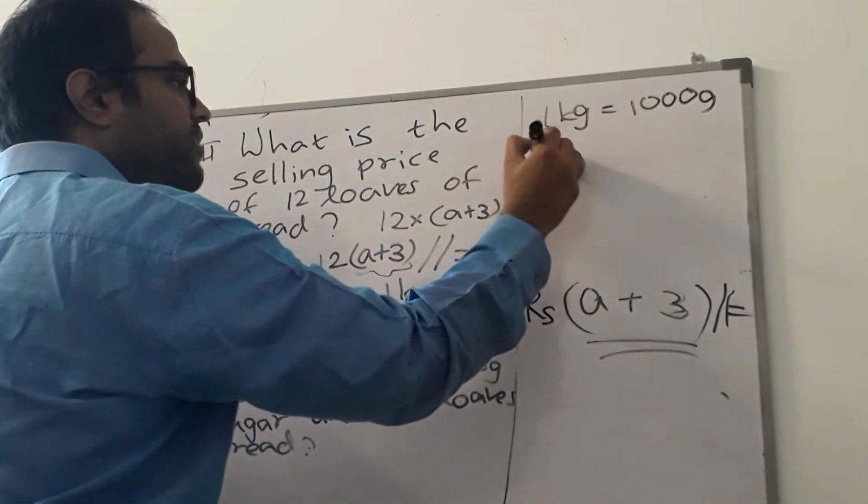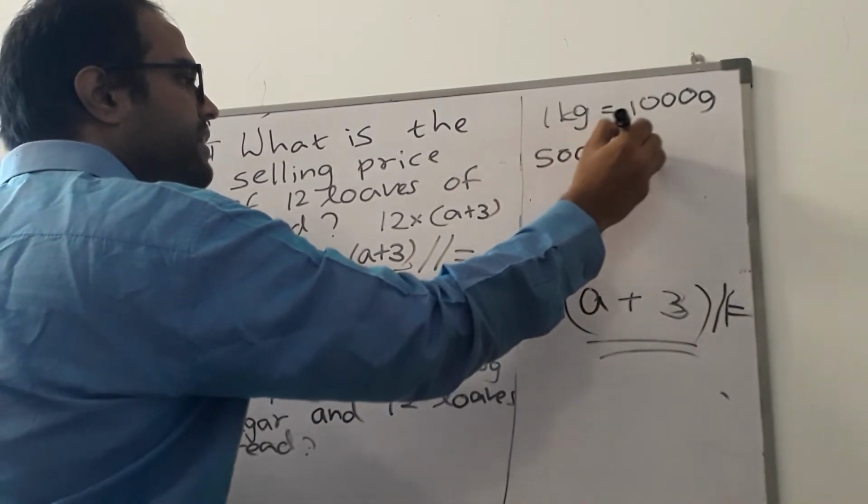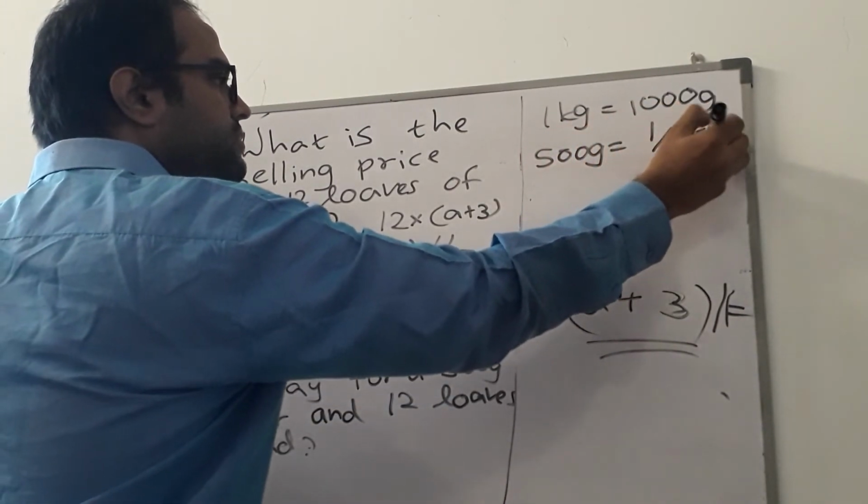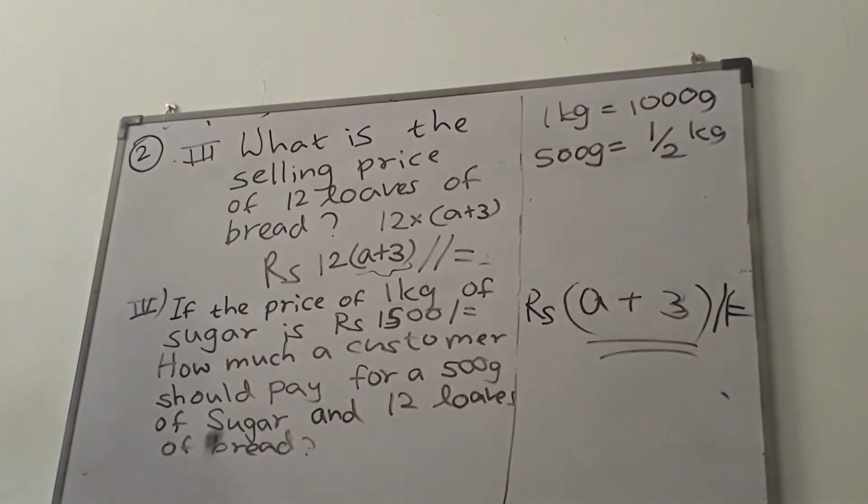So 500 grams means you have to divide 1 by 2, half a kilo.